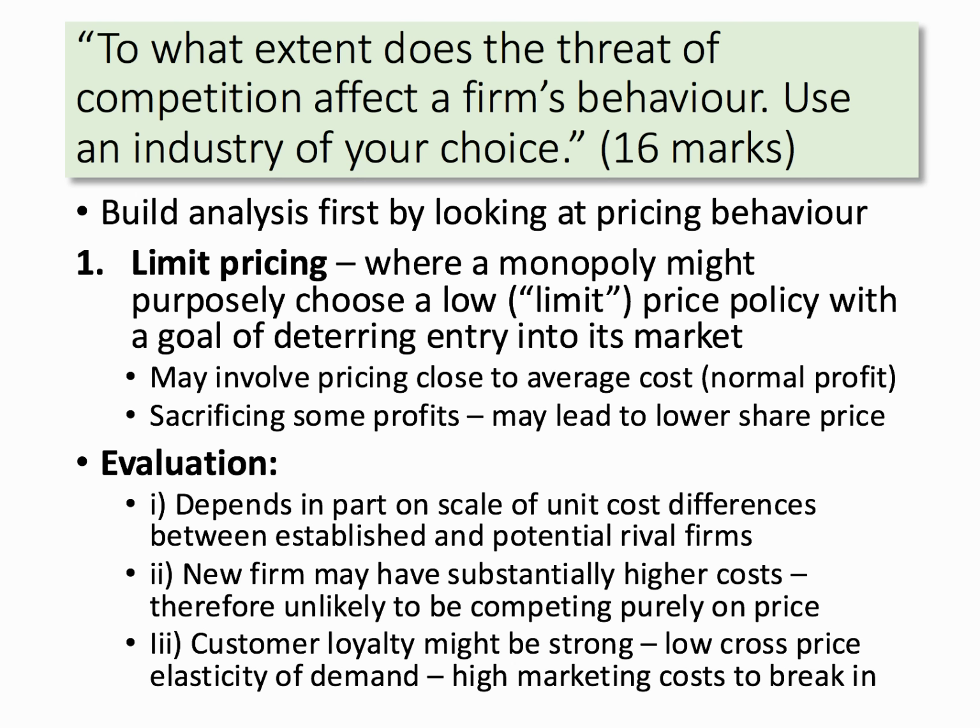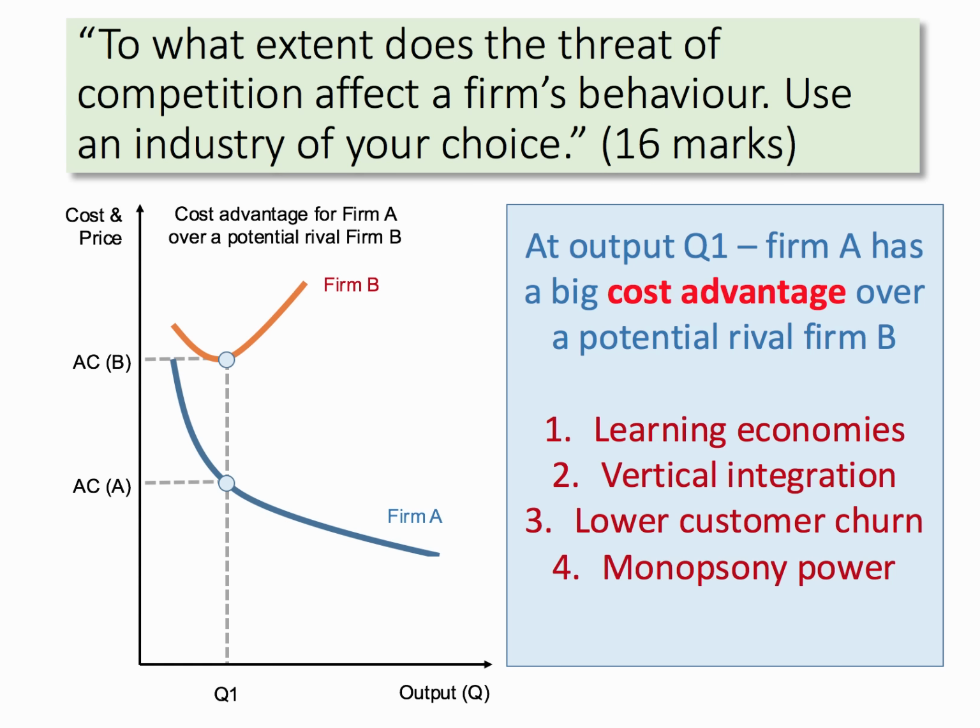So firms may have to think about their non-price competition, and again that will be a separate point in a moment. And the extent to which they have to use limit pricing depends on the depth of customer loyalty. It could be the case that you have strong brand loyalty, consumers value a product, repeat custom, and therefore the marketing cost for a new firm to come in is significantly higher as a result.